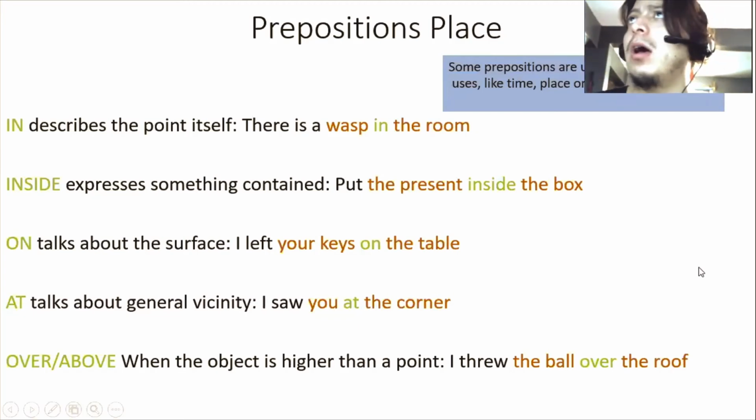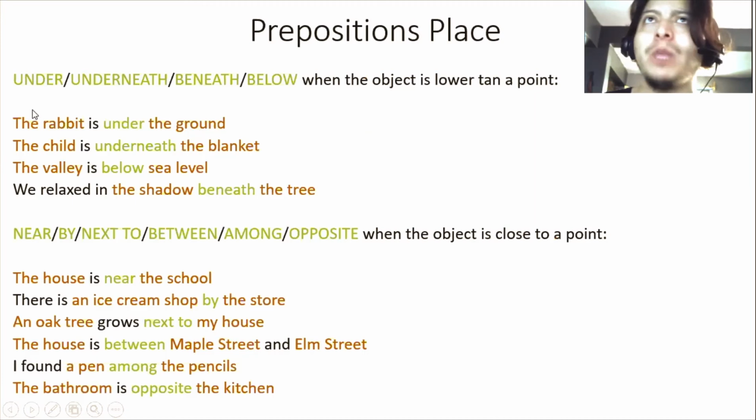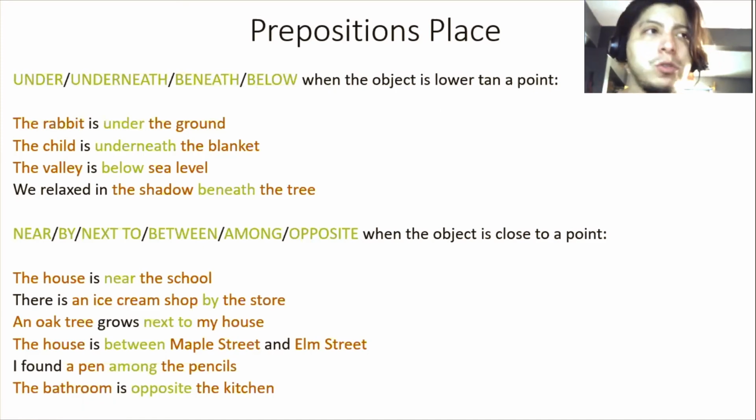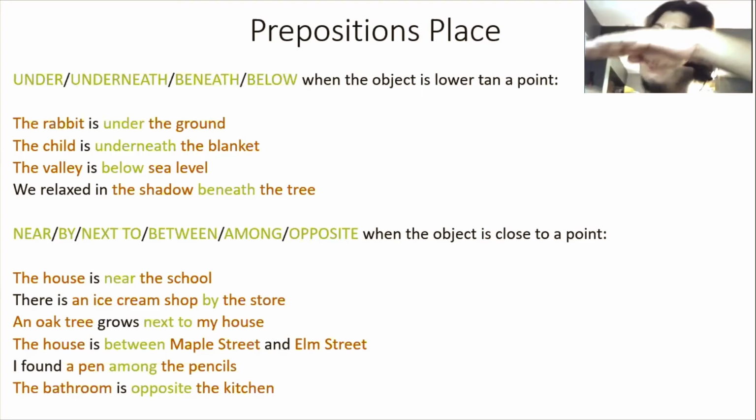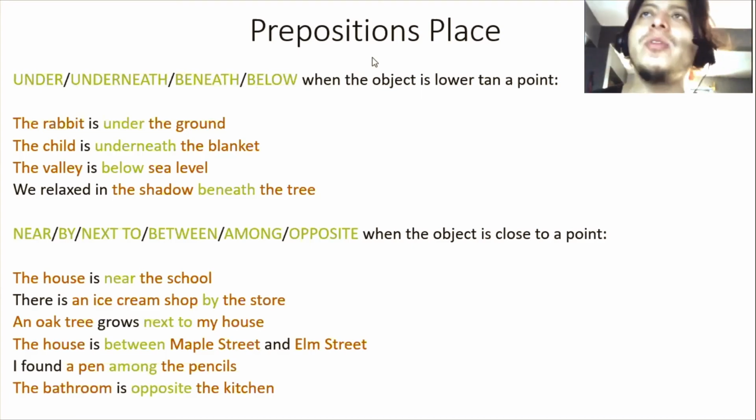So also for place, we have other prepositions. We have the prepositions under, underneath, beneath, or below. All of them are very similar, and they mean that the object is lower than a point. The rabbit is under the ground. So this is the level of the ground, and the rabbit is under that level. The child is underneath the blanket.